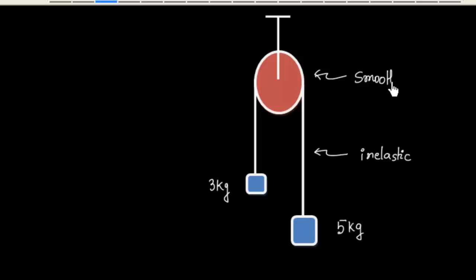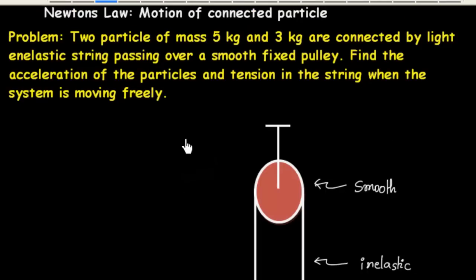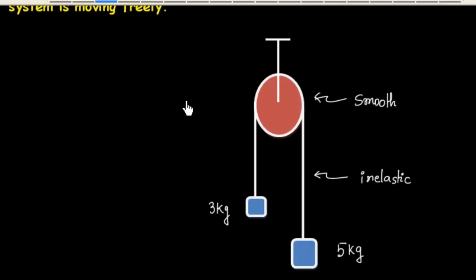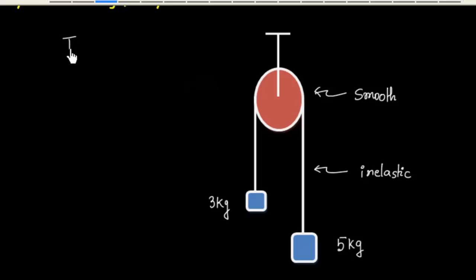So this is given to us. We have to find the acceleration of the particles and the tension in the string when the system is moving freely.